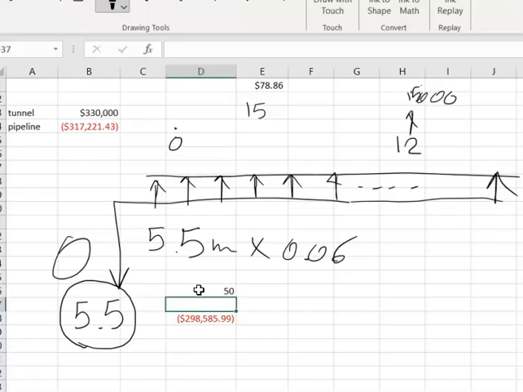And that's the reason you see the pipeline is better, because after 50 years, another investment of 5.5 million is the same as an investment of now 298,000.